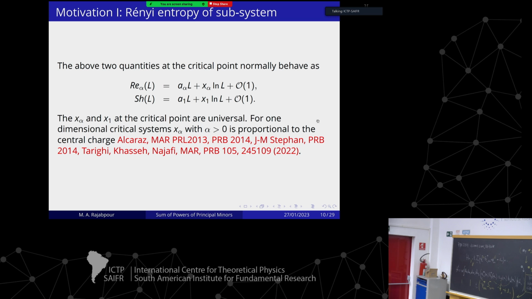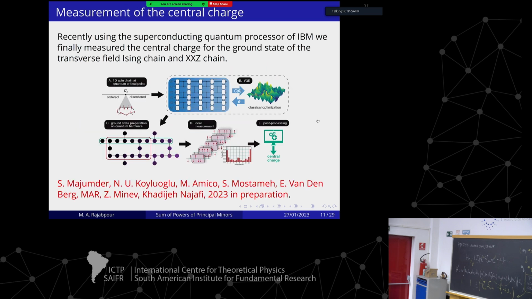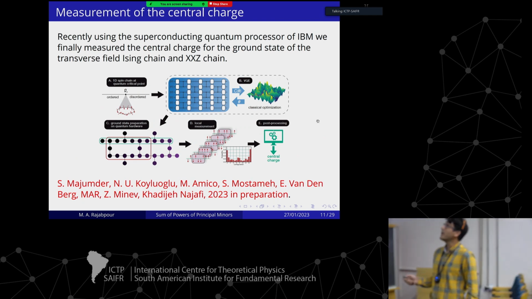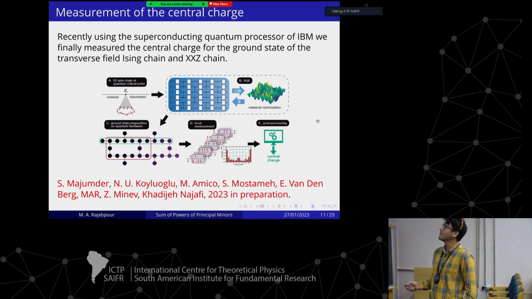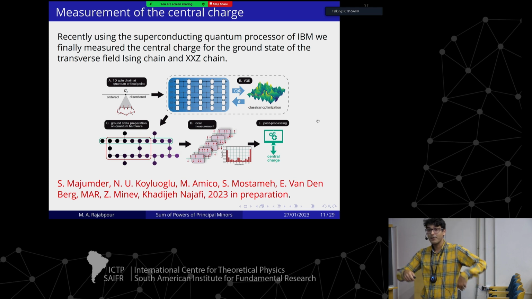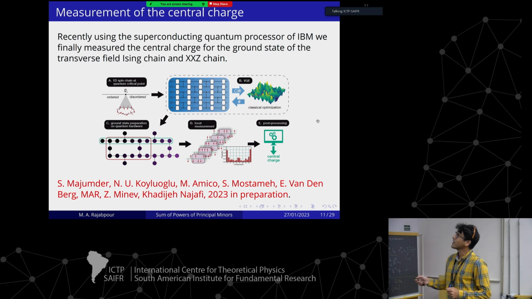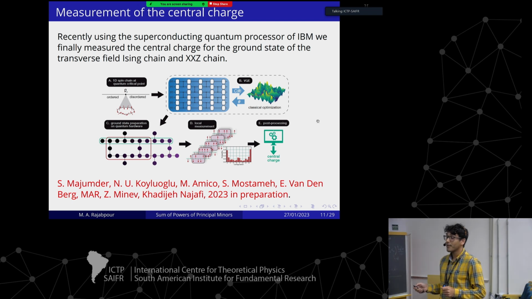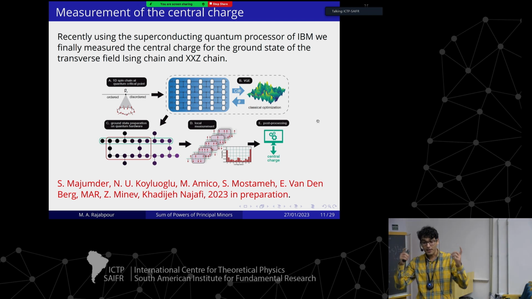Well, this is something that numerically we knew for a long time, and then recently my colleague Sona Najafi, who is at the Watson Center in IBM, started playing with superconducting quantum processors, and they were able to actually make a ground state of a critical Ising chain with 12 sites.